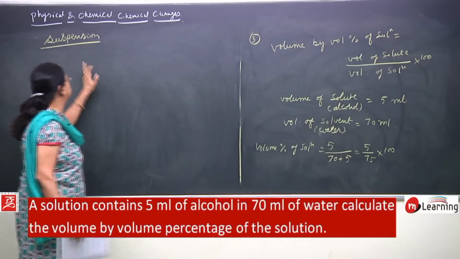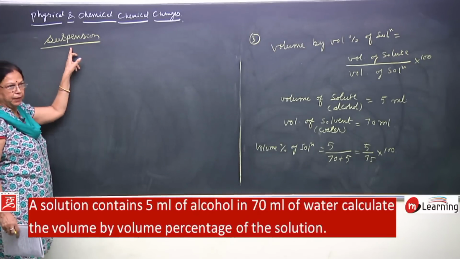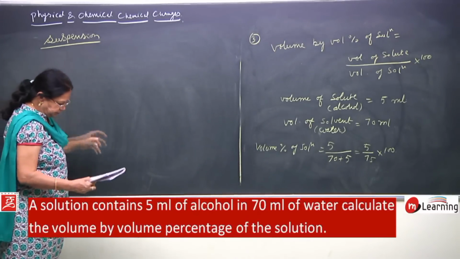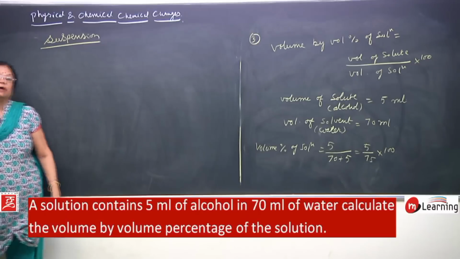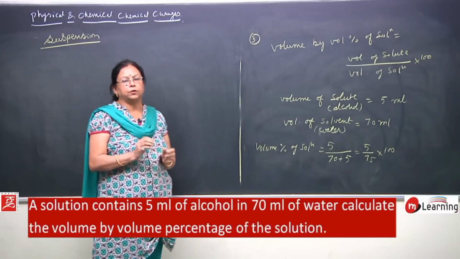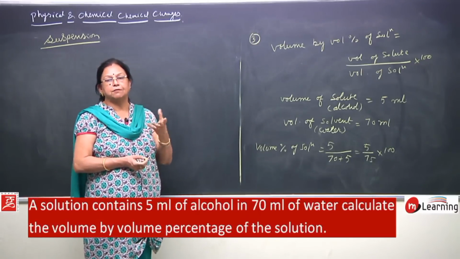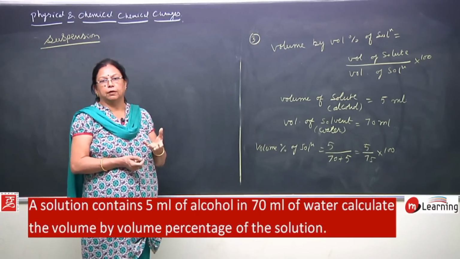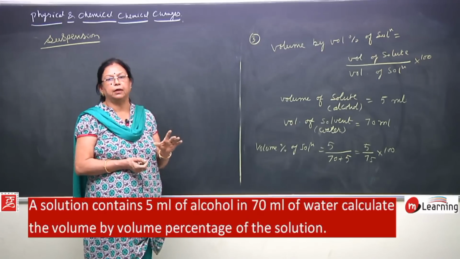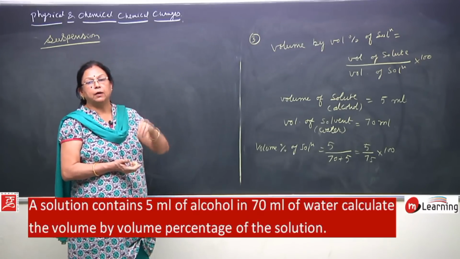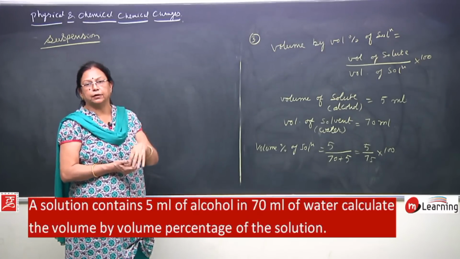Now, try to understand this, children. What is suspension? A very common experience at your home, children: take some flour out of which chapatis are made. That dry flour you take and put it in water.